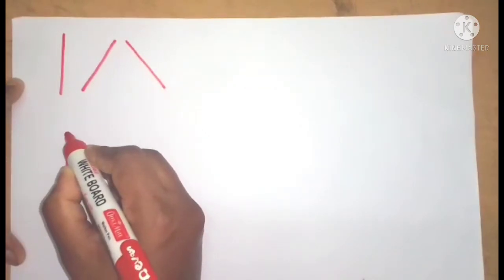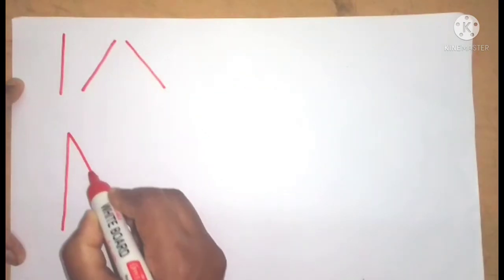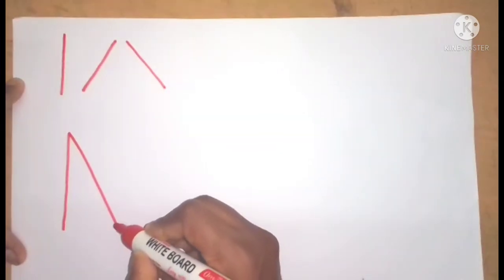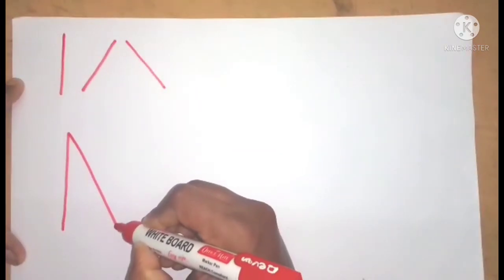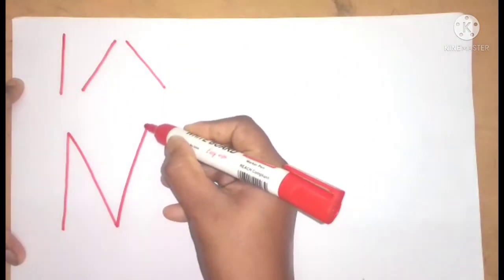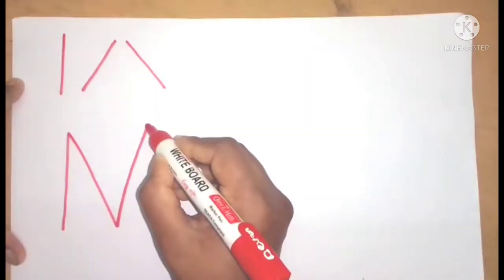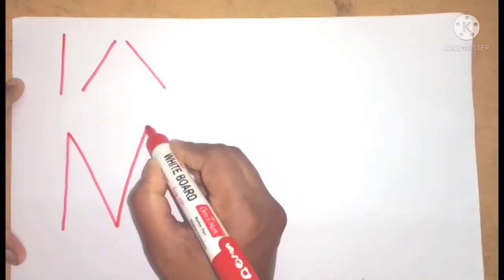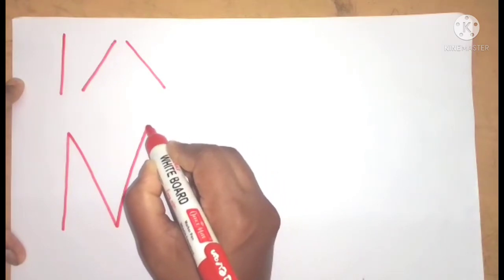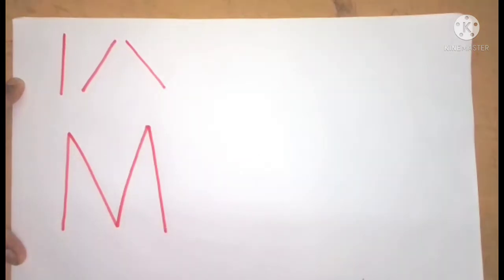From this top, we draw a slanting line downward like this. And from this bottom, we should draw a slanting line upward like this. And from this top, we draw a standing line downward like this. This is capital M, very simple.